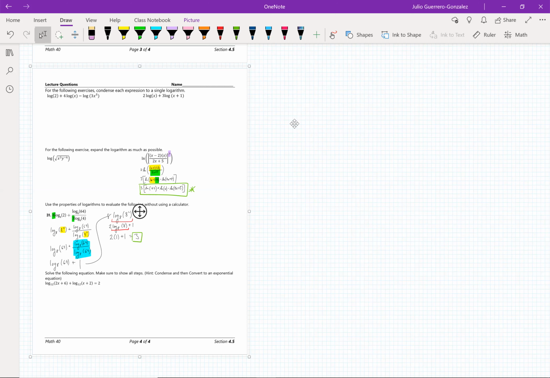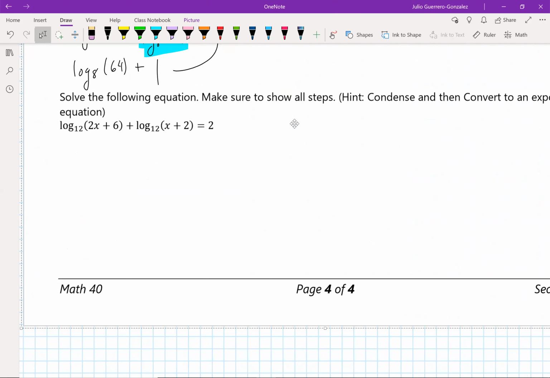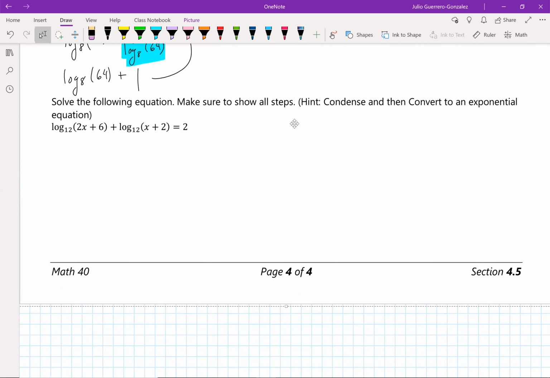I actually have a question on the very last lecture question. So it says to condense. When I put everything in parentheses and leave the log out, honestly, I don't know what to do from there. So you can condense this left-hand side, right? You can get everything under one single logarithm, right?